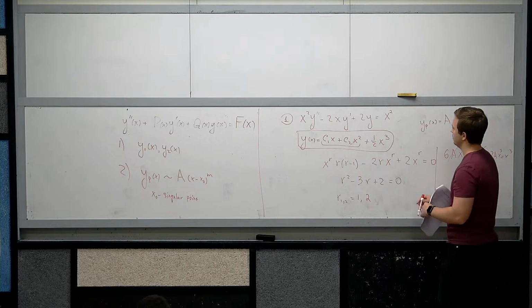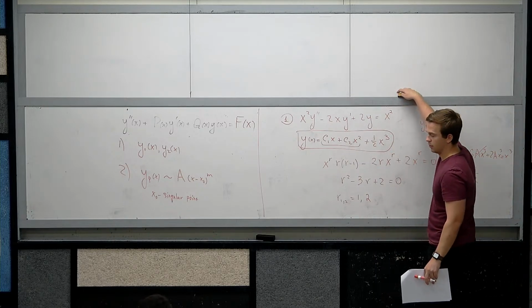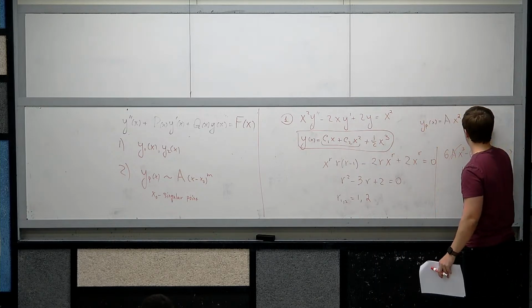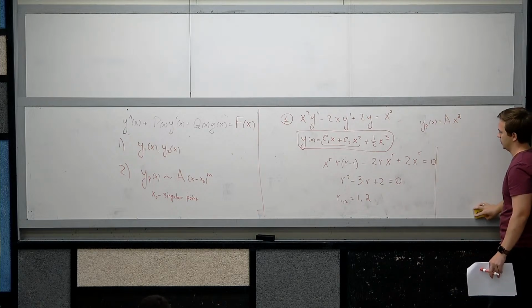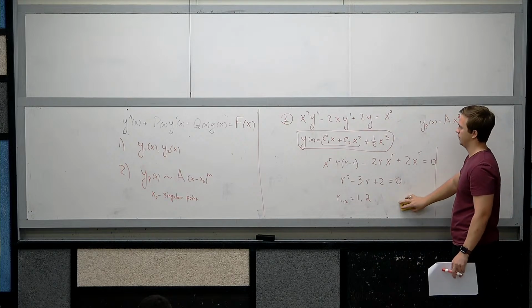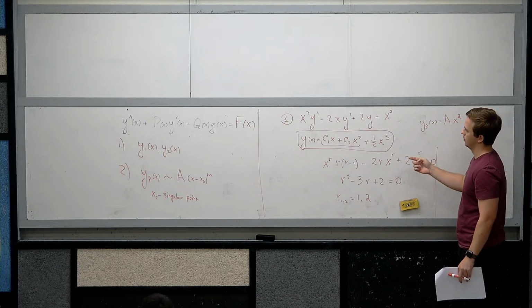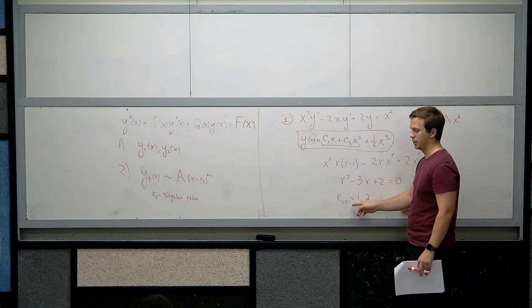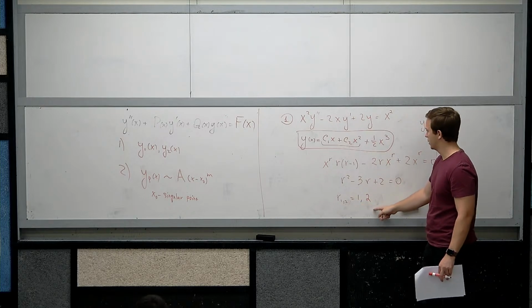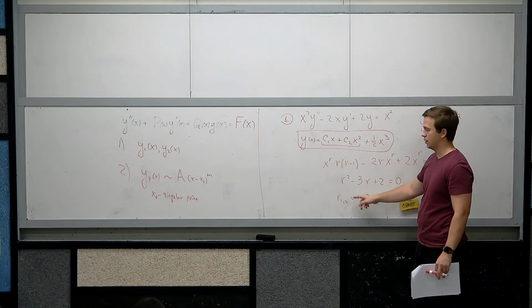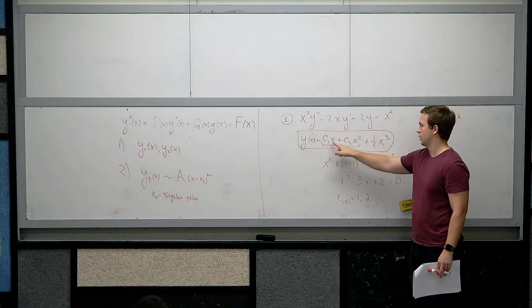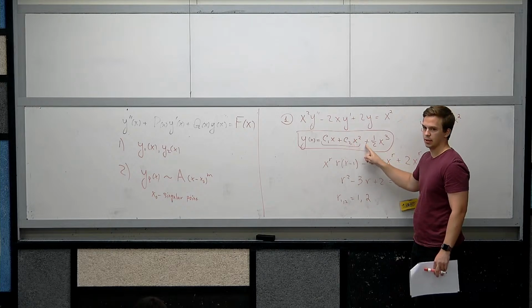So what can we do? Yeah, the same thing as what we would do if we have a repeated root. If we have a repeated root, say 1 and 1, the first solution would be x and the second one x times log x.